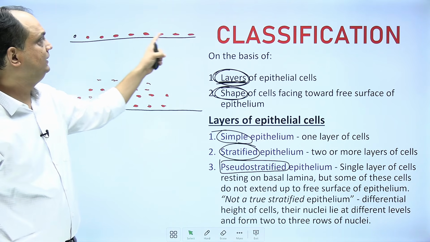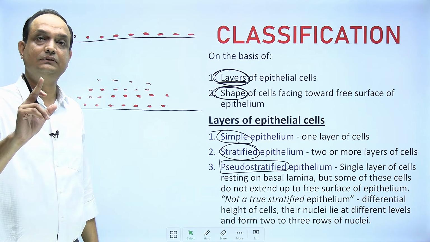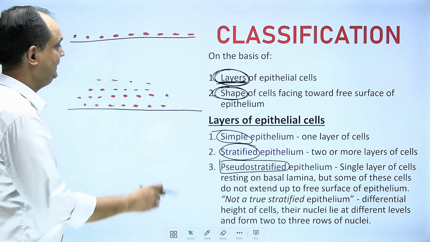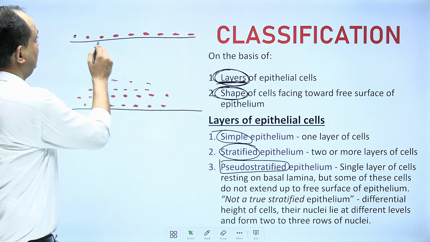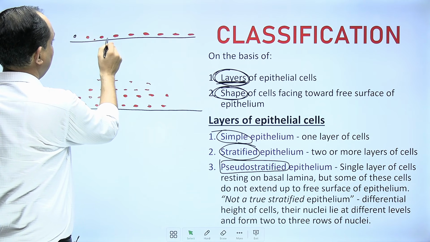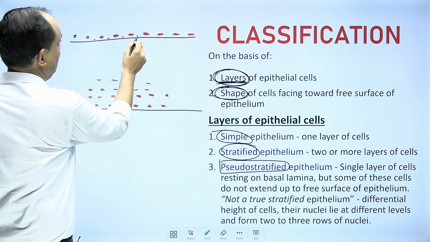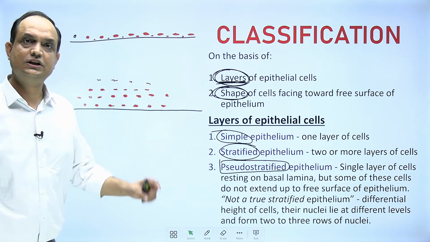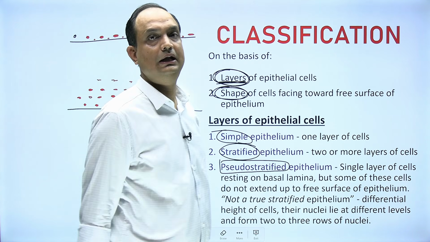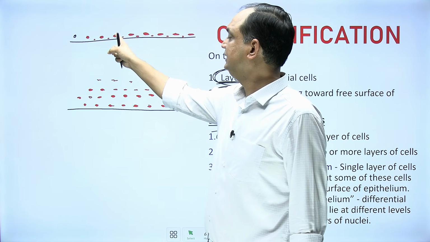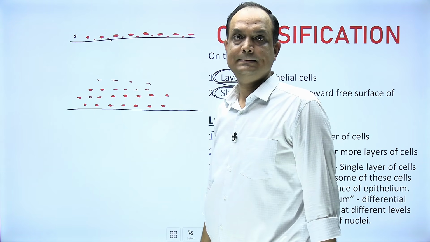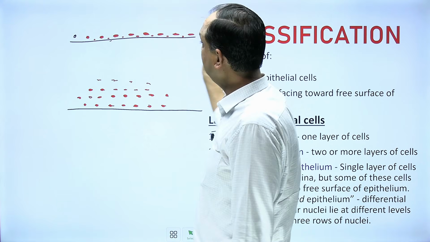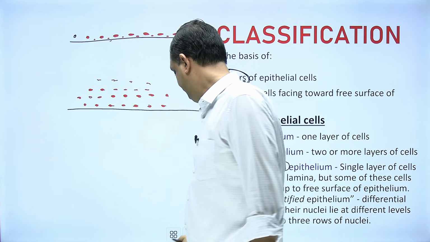Here you have a single layer of nuclei, that means a single layer of cells, that means it is a simple epithelium. But what is happening in the pseudo-stratified epithelium? You are able to appreciate one more layer of nuclei, and the cells are short, so you will find two layers of nuclei here. Just by seeing the layers of nuclei, it gives the appearance that there are two layers. But when you analyze the cells, you will realize all the cells are present on the basement membrane.